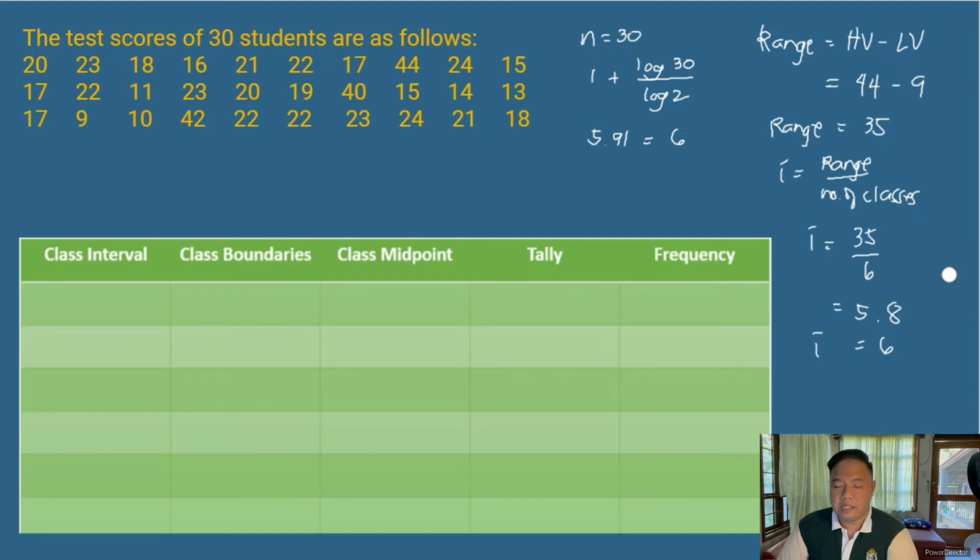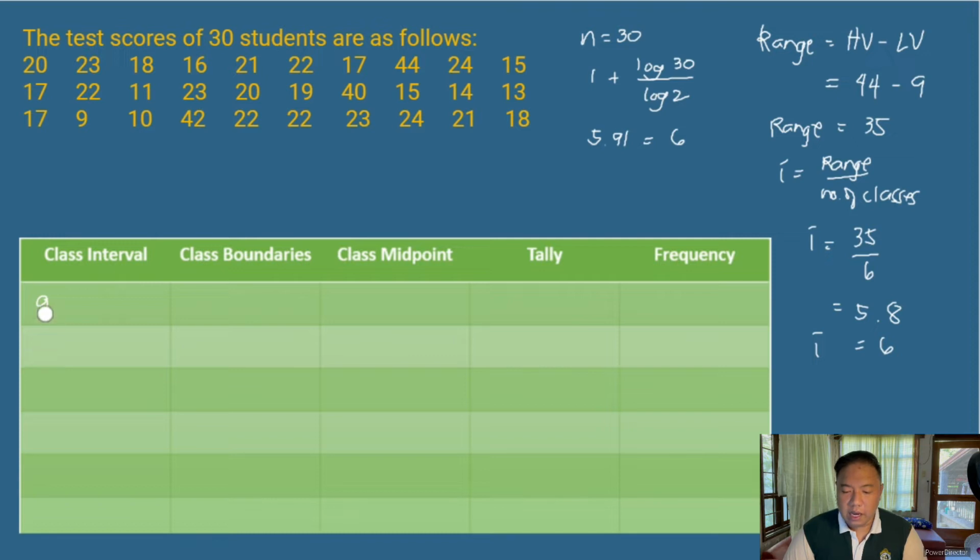Okay? Sige po. So now, since we already know the class width, what are we going to do? Let's start with the lowest value, which is 9. Ayan, sulat na natin siya dito. And then, yung class width na nakuha natin, i-add natin siya to get our lower class limits per row, per class.